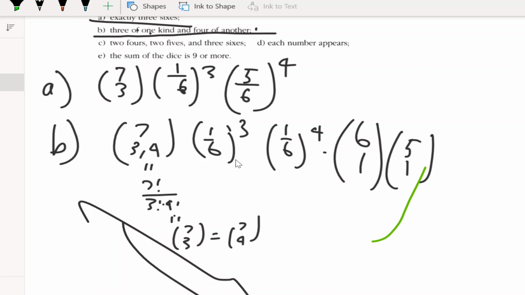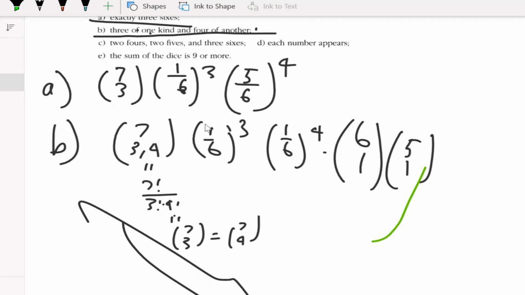So this first one, let's say, is the one we get 3 of, and the second one is the one we get 4 of. So we're basically showing the number of combinations possible where you're drawing 2 numbers, and then we're multiplying by this probability. So 6 choose 1 is equal to 6, 5 choose 1 is equal to 5, so 30.